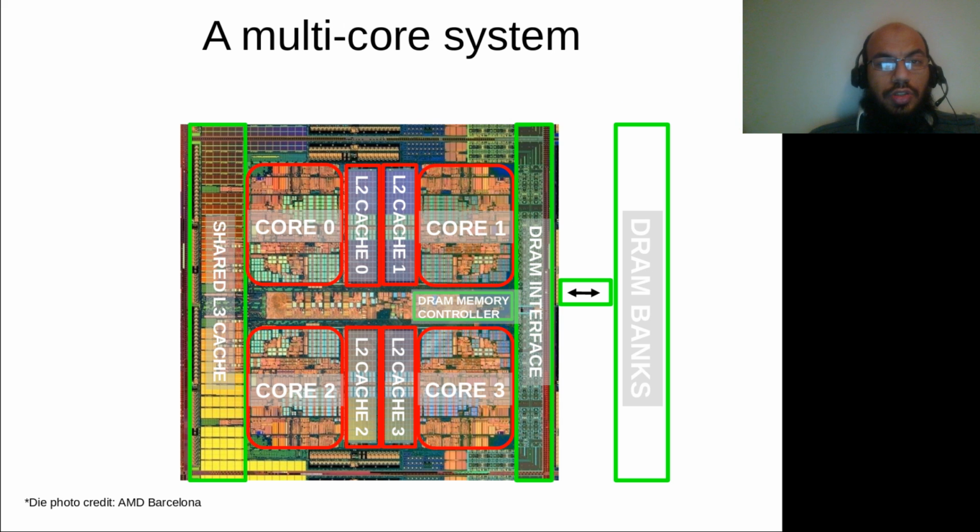So you want to know what a multi-core system looks like. You might have seen that before. In a multi-core system, which is most of the processors we have today, you have multiple cores: core 0, core 1, core 2, core 3, and this is, by the way, from AMD Barcelona. I took it also from the lectures of Onur Mutlu.